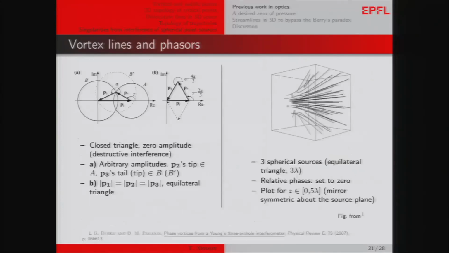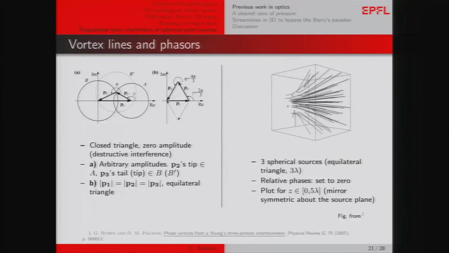Okay, let's explain what we did. The first thing will be to discuss results by Ruben and Paganin in 2007. They were just using spherical point sources and creating singularities of the pressure field or optical field or whatever you want, if you consider a scalar wave field. You have here 3 point sources, and by the interference of those sources, you will define some dislocation line.